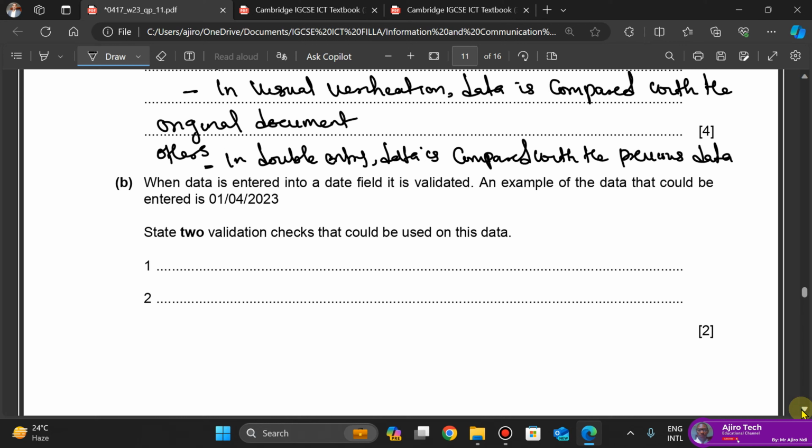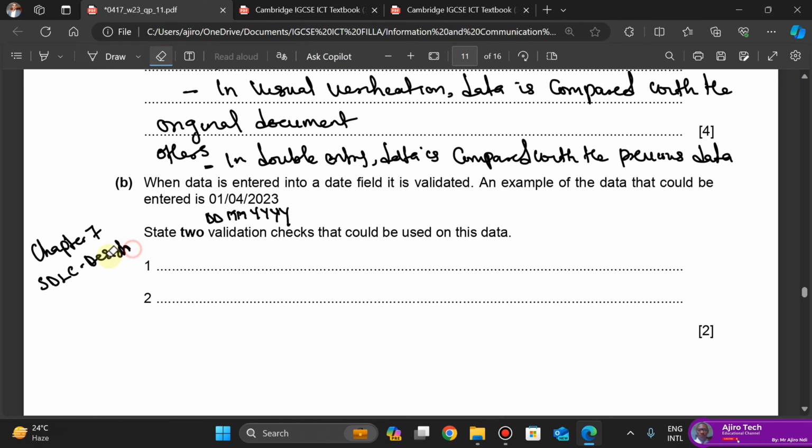Question 10b. When data is entered into a date field, it is validated. An example of the data that could be entered is DD MM YY. You see this in chapter 7, system development life cycle, in the design phase.